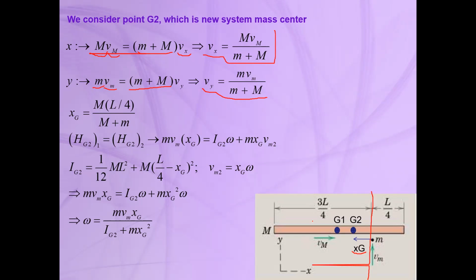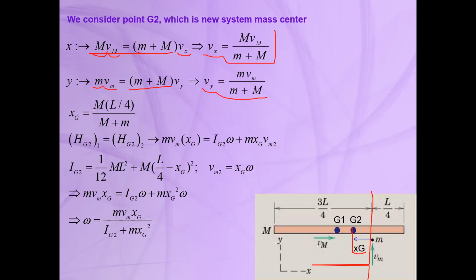If you calculate the mass center for this compound system, we will have xg, the distance to G2, which is the new mass center, times the mass of G2, which is M plus m.